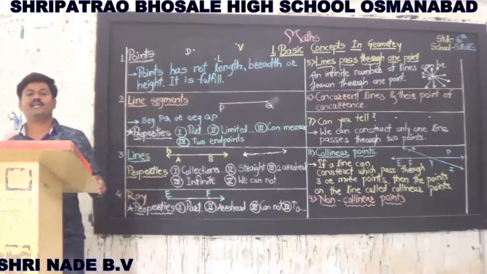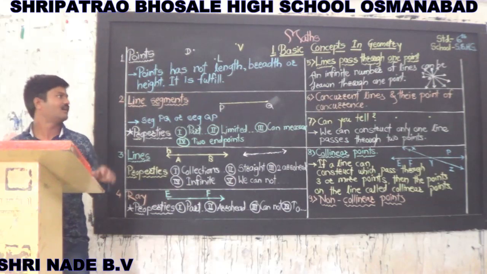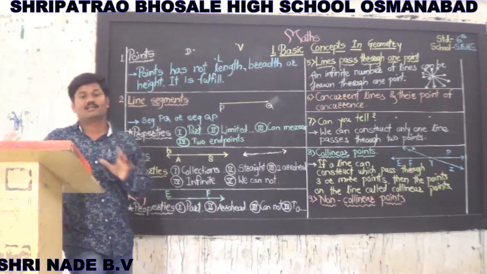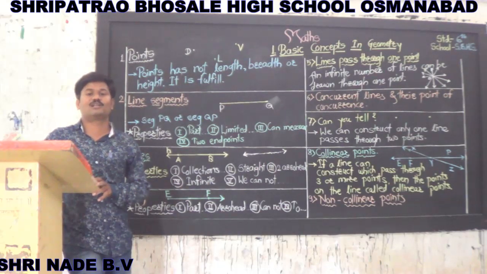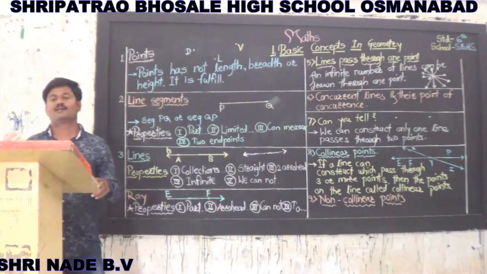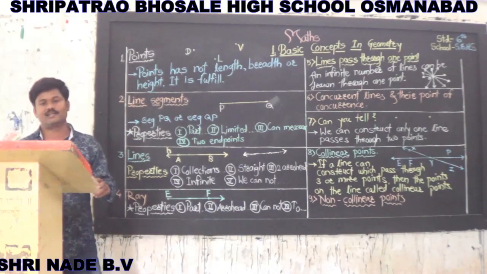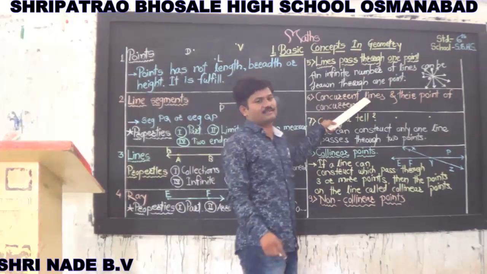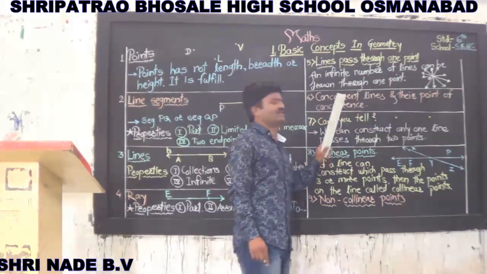Here one question remains. What are lines like these called? Lines like these are called concurrent lines and their point of concurrence. Now looking at the definition of concurrent lines and their point of concurrence.